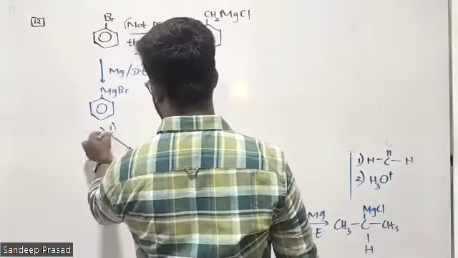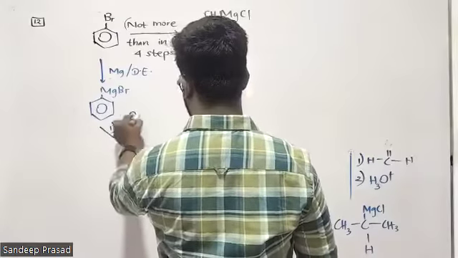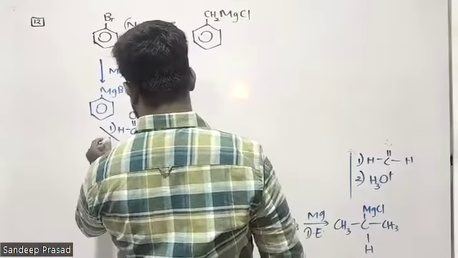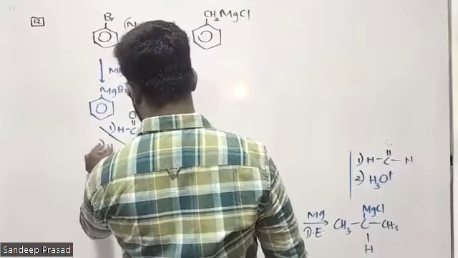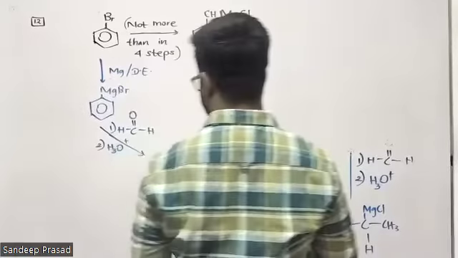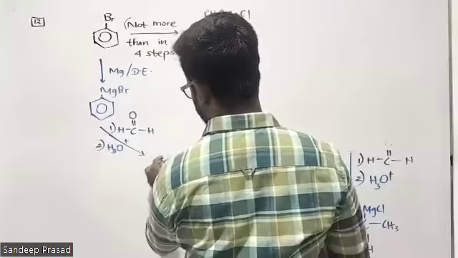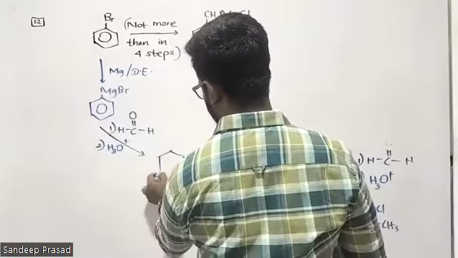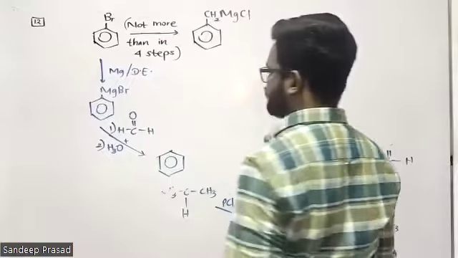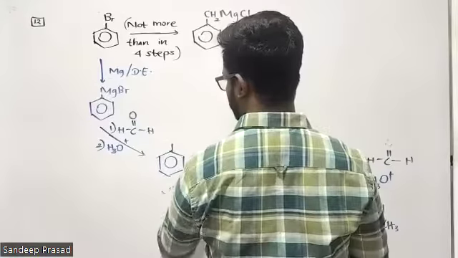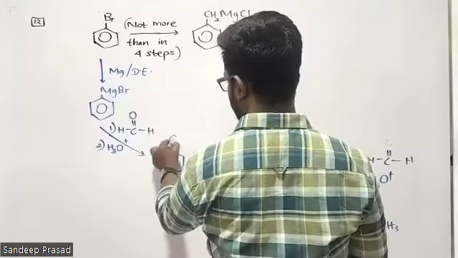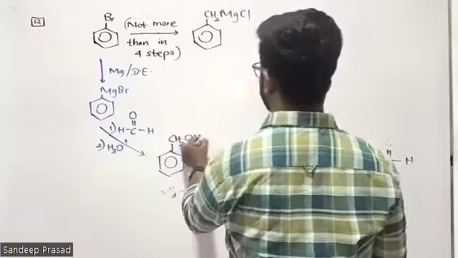We can add methanal, HCHO. Secondly, H3O plus. Then CH2OH.